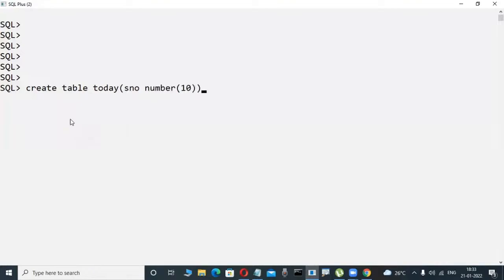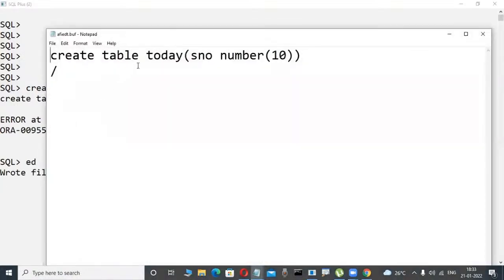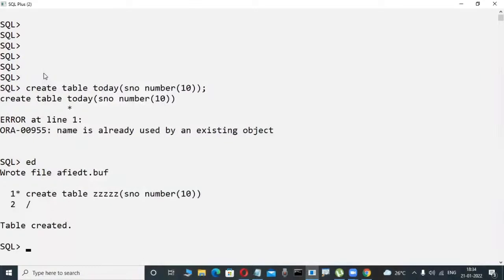Slowly observe it here. Concentrate here. Suppose Z is a table. Observe it here, Z is a table. For example, I am creating it.